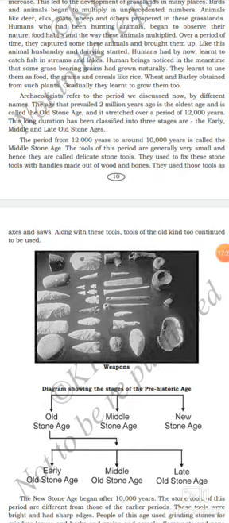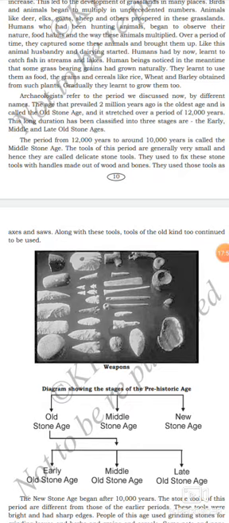The period from 12,000 years to around 10,000 years is called the Middle Stone Age. Listen, dear students, the period between 12,000 to 10,000 years is called the Middle Stone Age. The tools of this period are generally very small and hence very delicate stone tools.